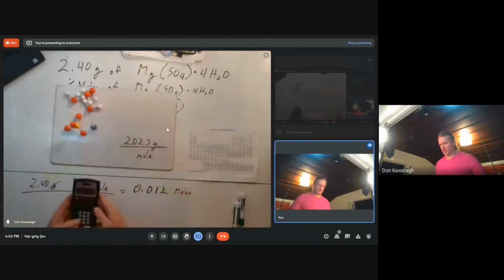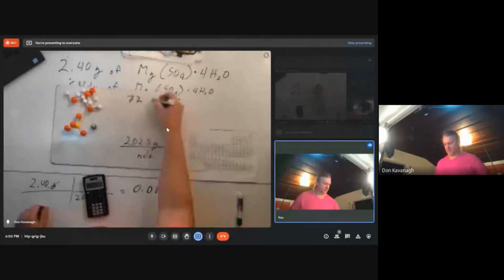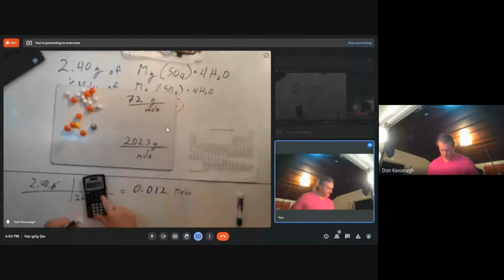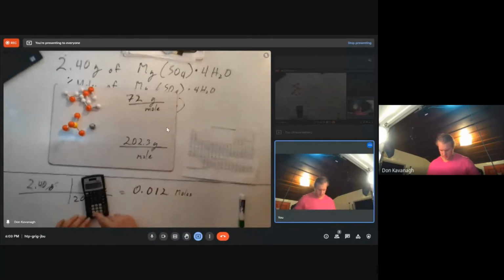Well, the 4 waters add up to 72 grams per mole, and the magnesium sulfate adds up to 120.3 grams per mole.